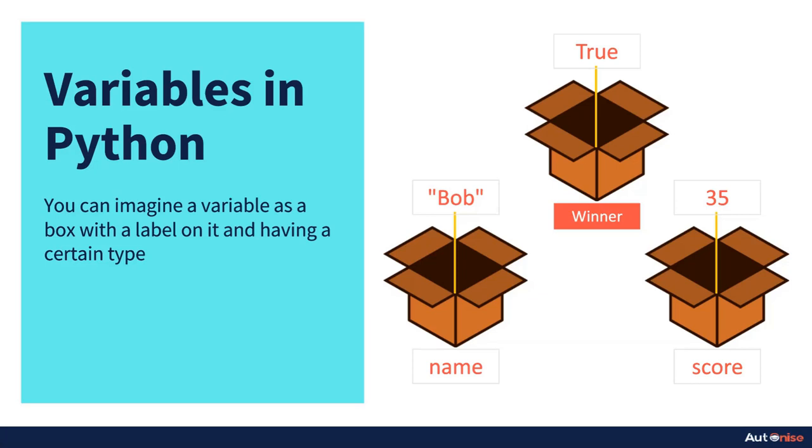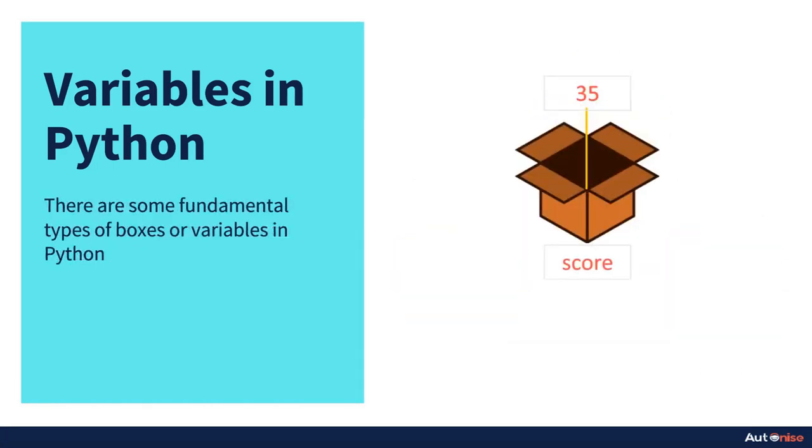So variables are similar to boxes, and they have a name on the box, and each box is of a different type which is used to save a different kind of thing. For example, we can have one box which only saves a number.